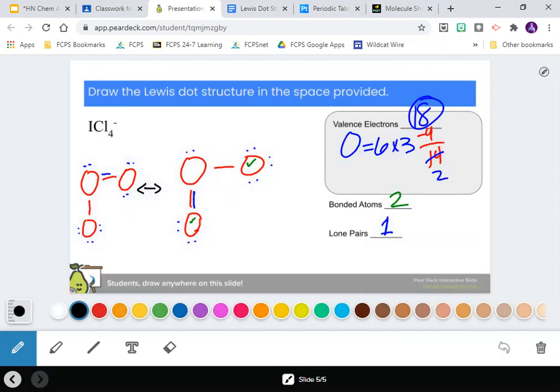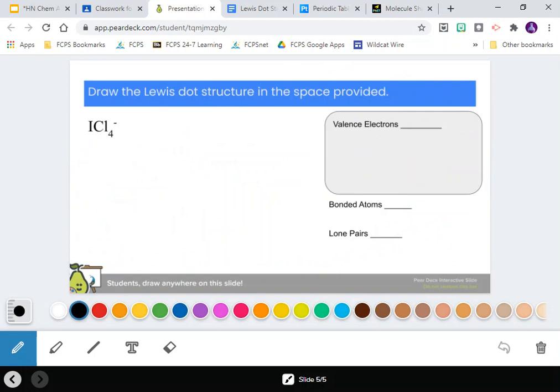So last but not least is our polyatomic ion up here, ICl4 minus. All right. How many valence electrons for I? Let's start there. 7. Good. How many for chlorine? 7 times the 4, because it's also a halogen.